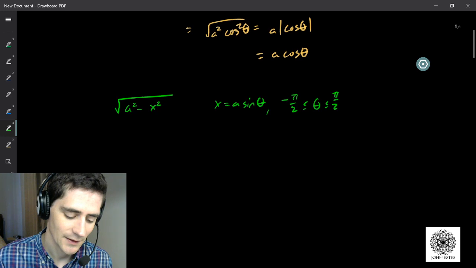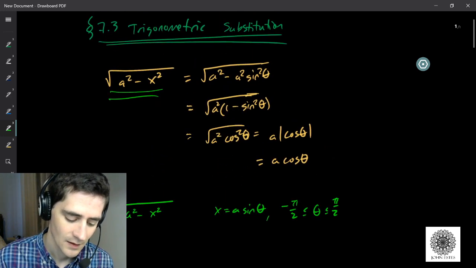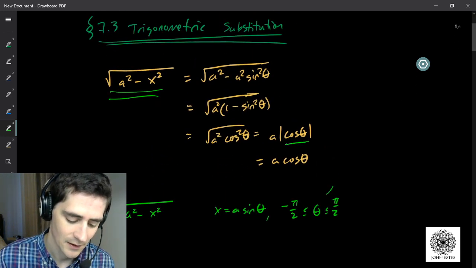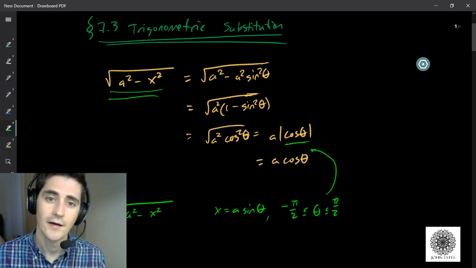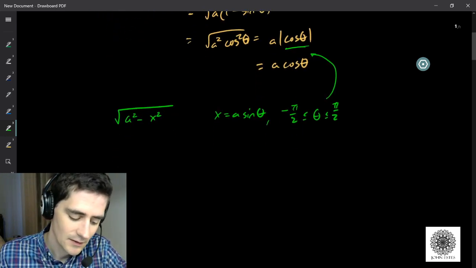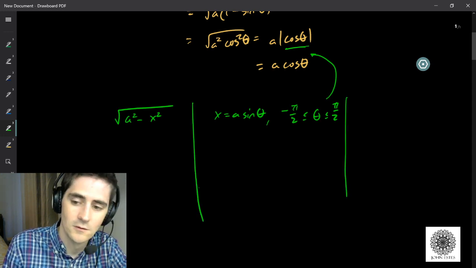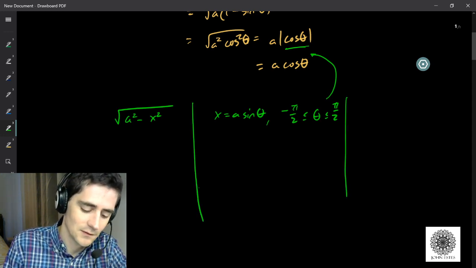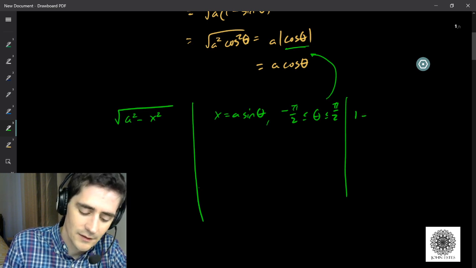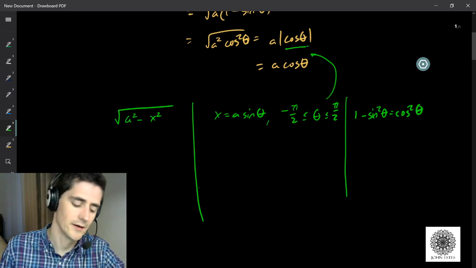That's quadrants 4 and 1. It's so that I can drop the absolute value of cosine. And when I do this, the identity that I'm going to use to help me reduce the square root is 1 minus sine squared theta equals cosine squared theta, which is the Pythagorean identity just rearranged algebraically, right?